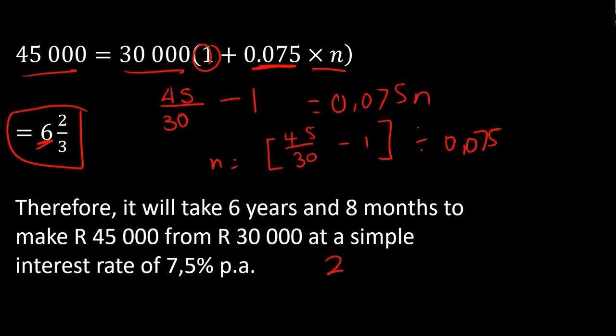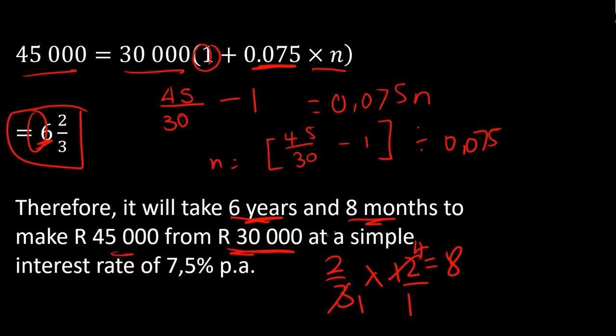We're going to take 2/3 multiplied by 12 over 1, and we end up with, 3 goes into itself once, into 12 4 times, we end up with 8. So therefore it will take 6 years, which is your whole number, and 8 months to make 45,000 Rand from 30,000 Rand at a simple interest rate of 7.5% per annum.